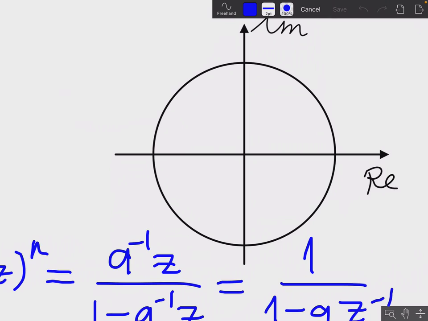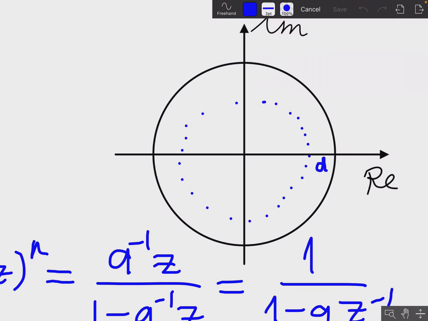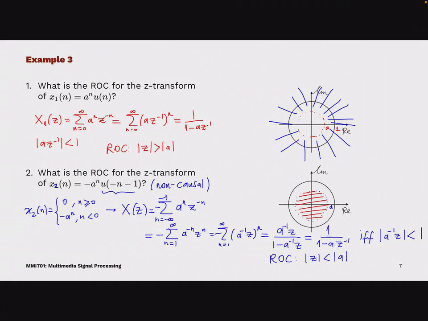So we have a circle of radius a, and inside that circle is our region of convergence. So this is the region of convergence. Now you can see that these two regions of convergence are exact opposites of each other.